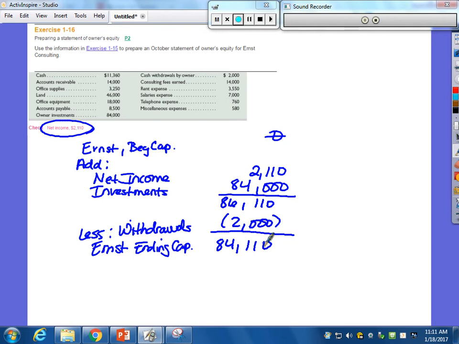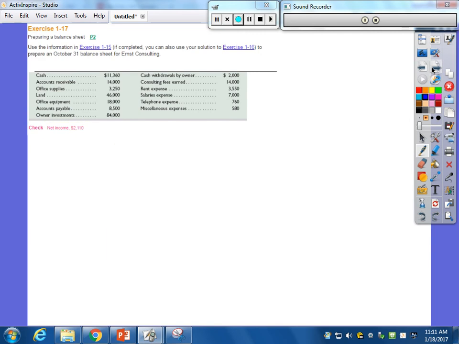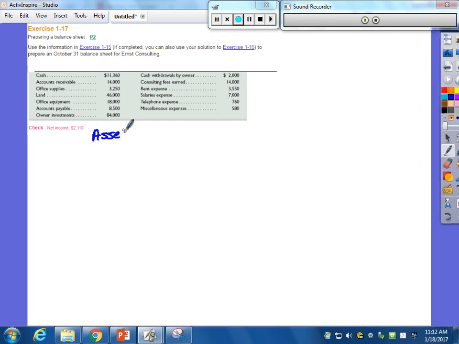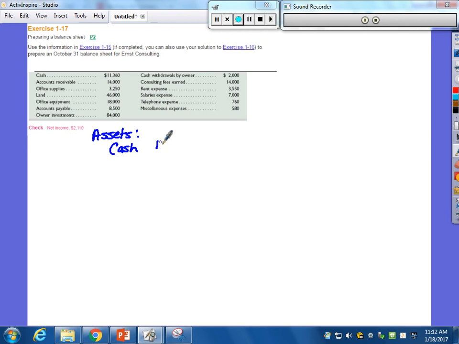Ready? Okay. So the last thing we need to do is prepare what? Balance sheet, exercise 1-17. The balance sheet only has what? It has liabilities, assets, equity. So we're going to start off with our assets, which are what? Call them out to me. Cash, and that was 11,360.